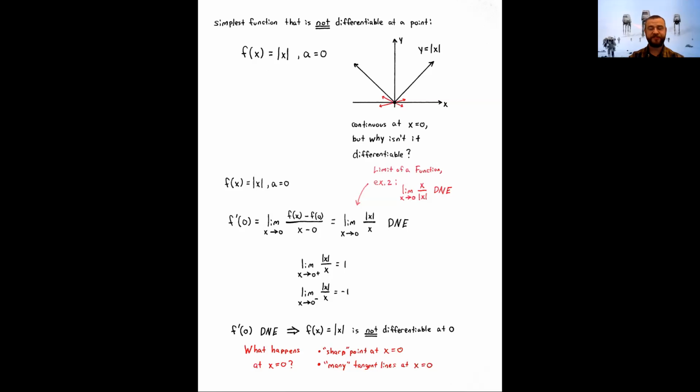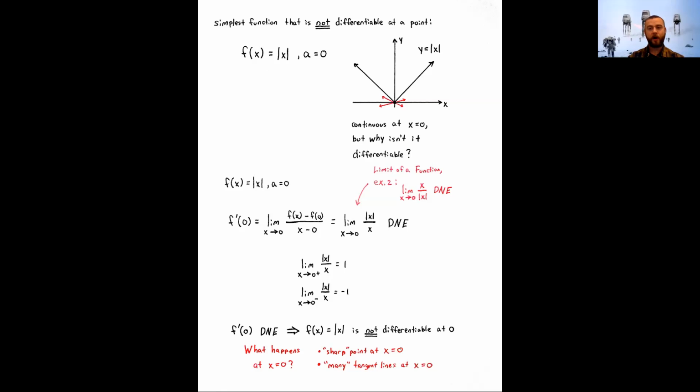Now, just to make the sketch look as nice as possible, there's two tangent lines that I sketched. But you can probably see at that sharp point, there's going to be an infinite number of tangent lines if we try to use that idea of a tangent line being the line that just touches the graph at that one point.